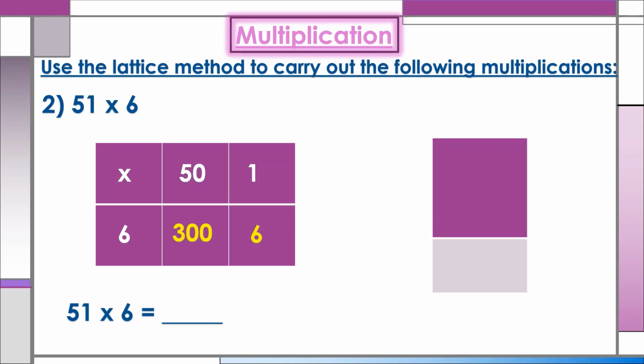We add these two numbers. Write here 300, 6, plus sign. 300 plus 6, we get 306. 51 multiplied by 6, we get 306.